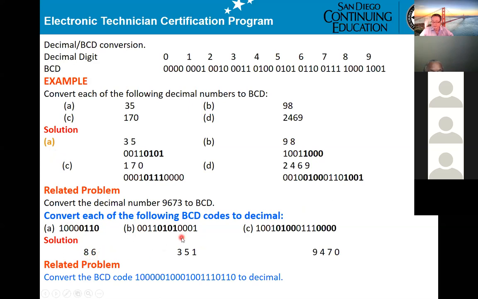The next one, 0001 you get 1, and you get number 5, and you get number 3. And the last one here, you get 0, 7, 4, and 9.